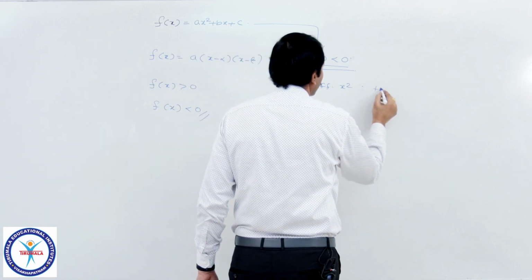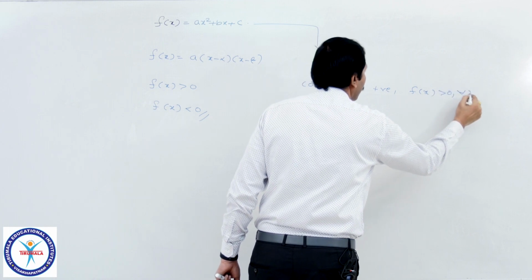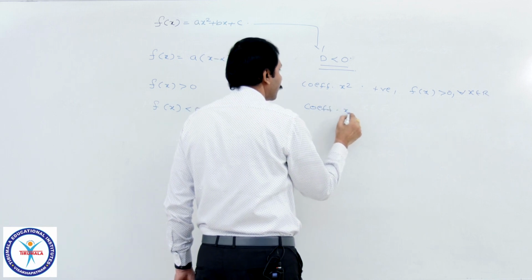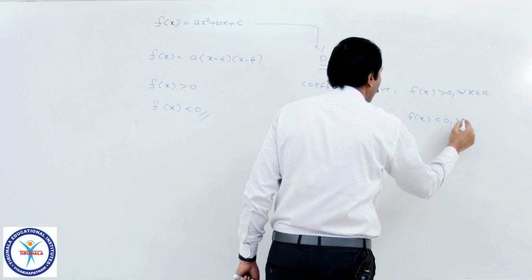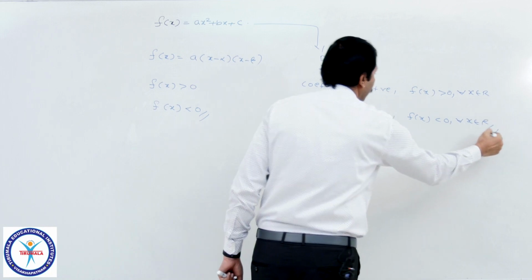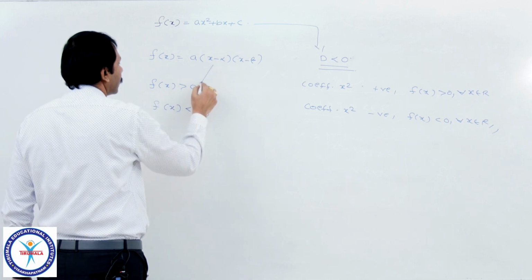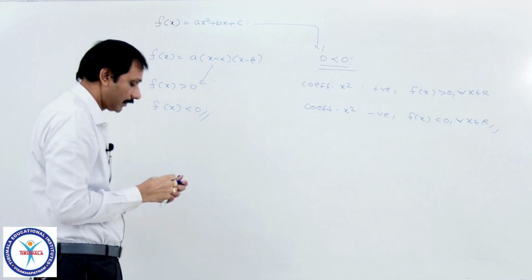Coefficient of x square positive means f of x is positive for all x belonging to capital R, and coefficient of x square negative means f of x is less than 0 for all x belonging to capital R.